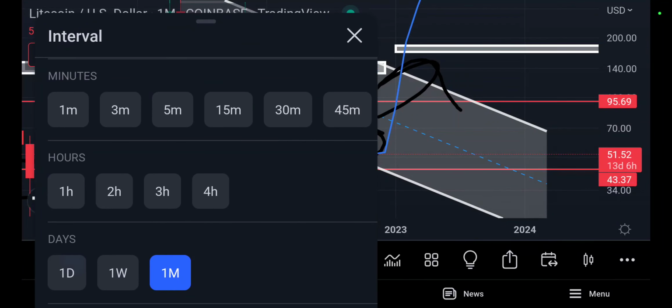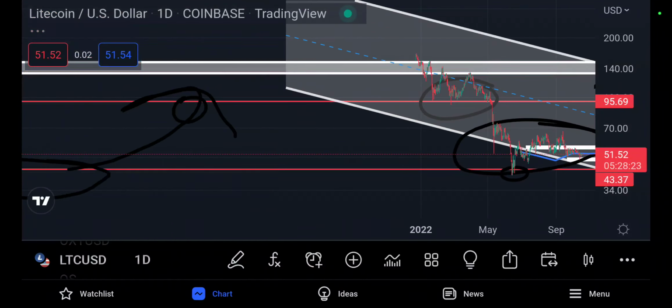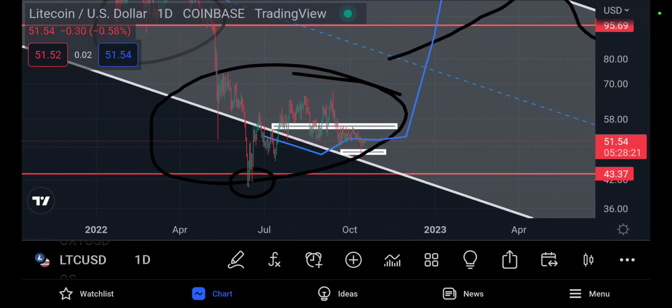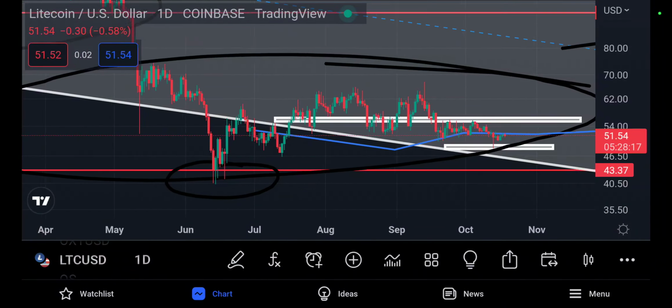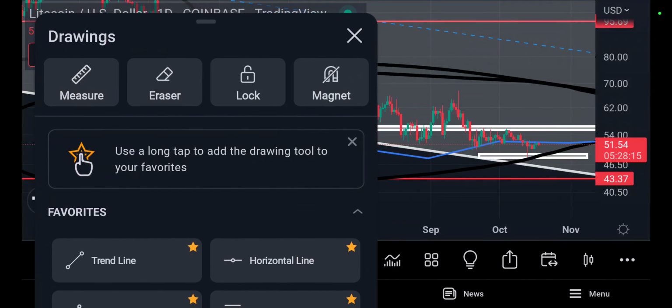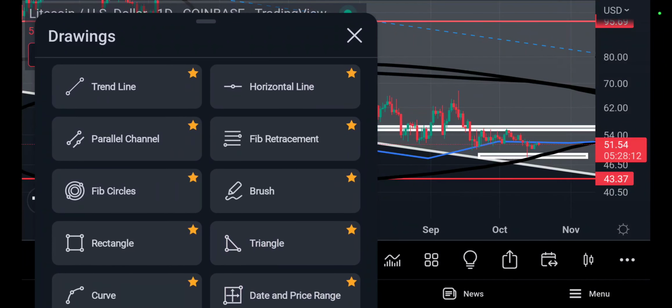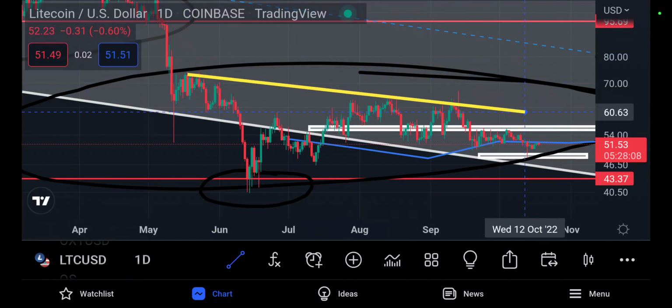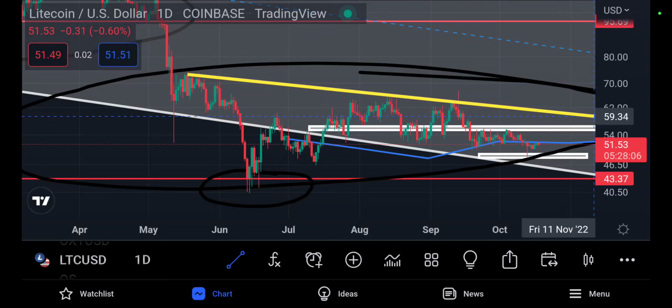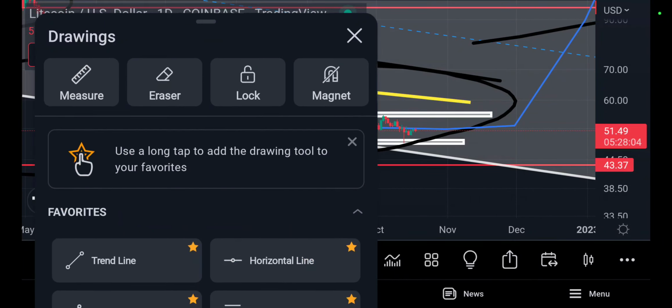Let's go down to the 1-day chart. And let's bring out trend line. And let's bring out another trend line.